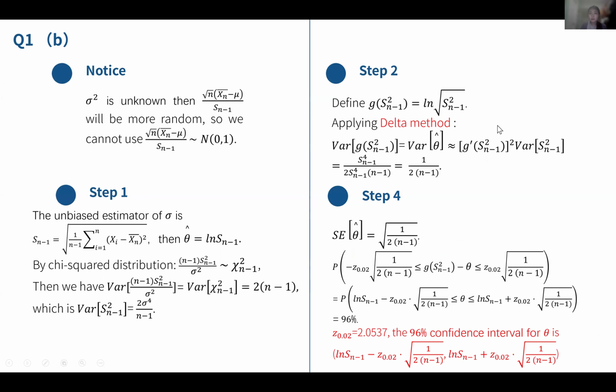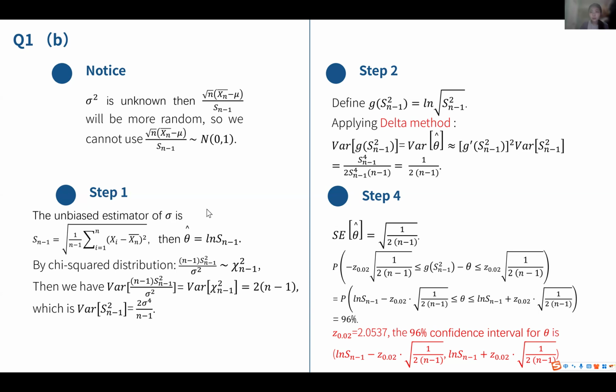Okay, let's move to problem B. We notice that sigma square is unknown. Then this function, which is the CLT scenario, will be more random, so we cannot use this scenario in this problem.